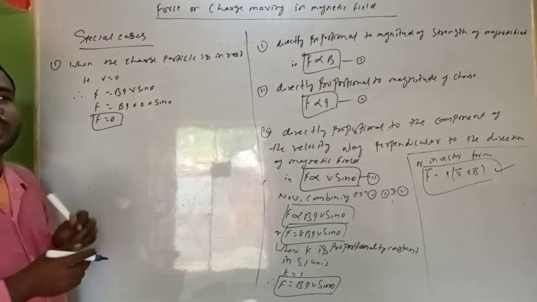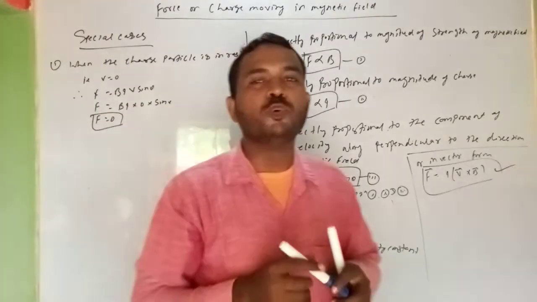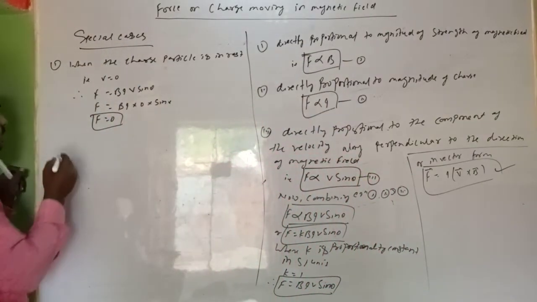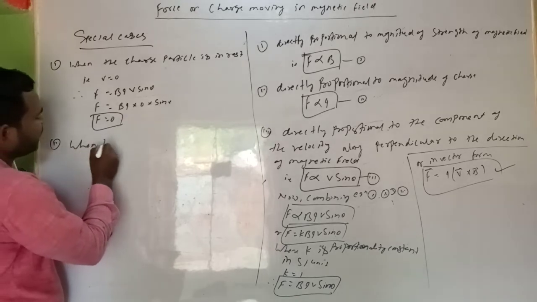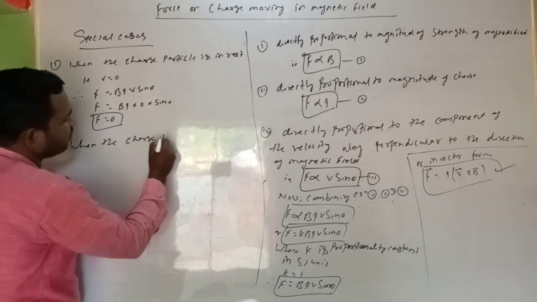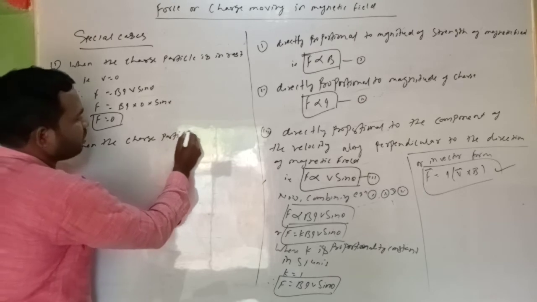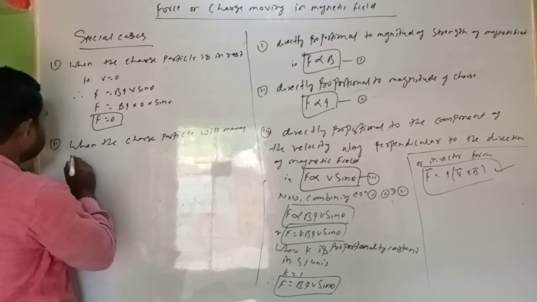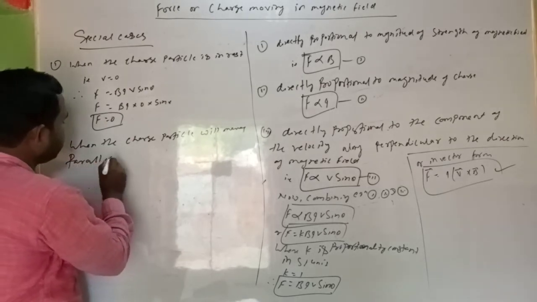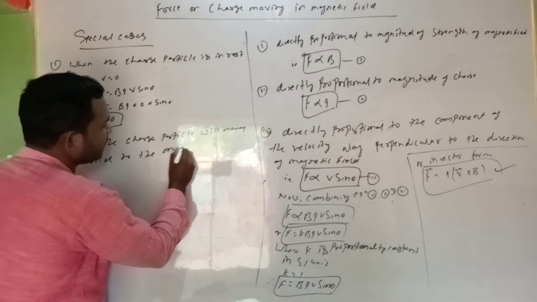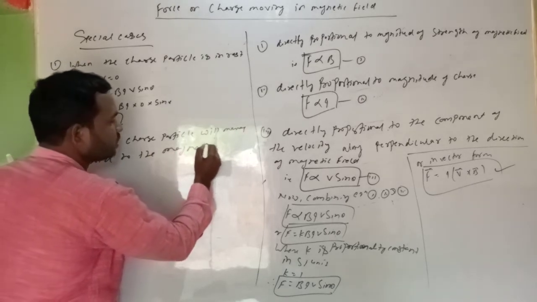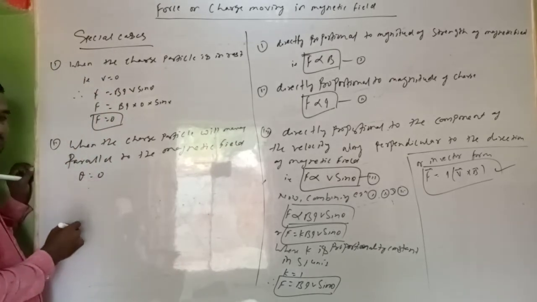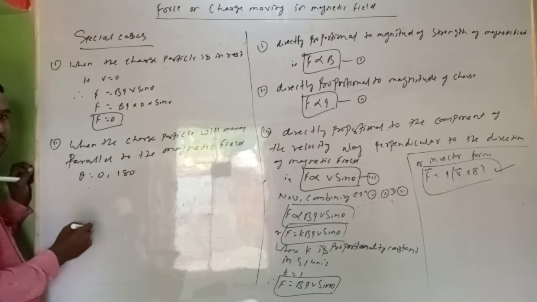But you know that when the charged particle moves parallel to the magnetic field, the second case, theta will be 0 degree or either 180.